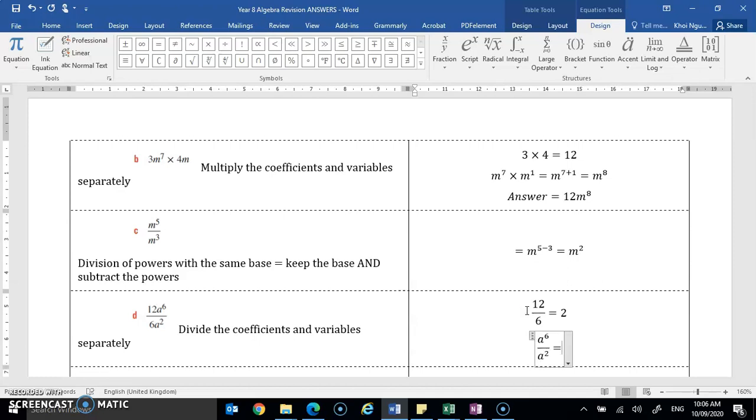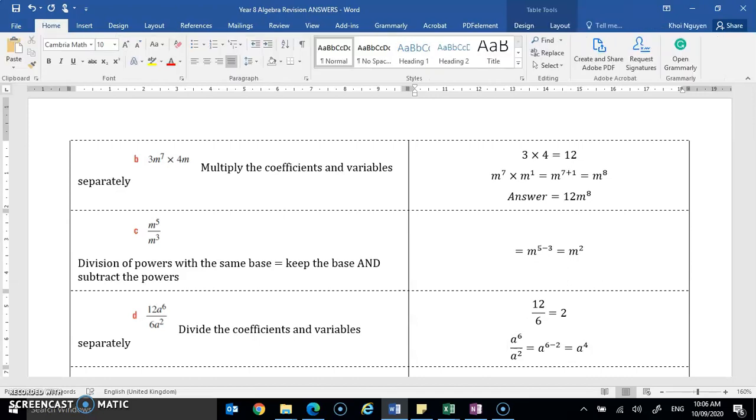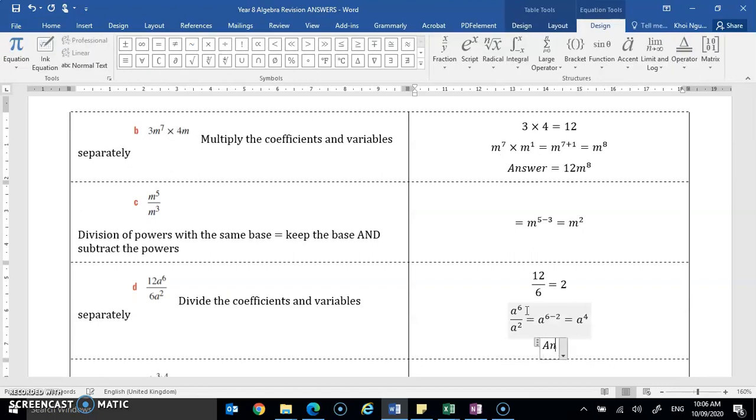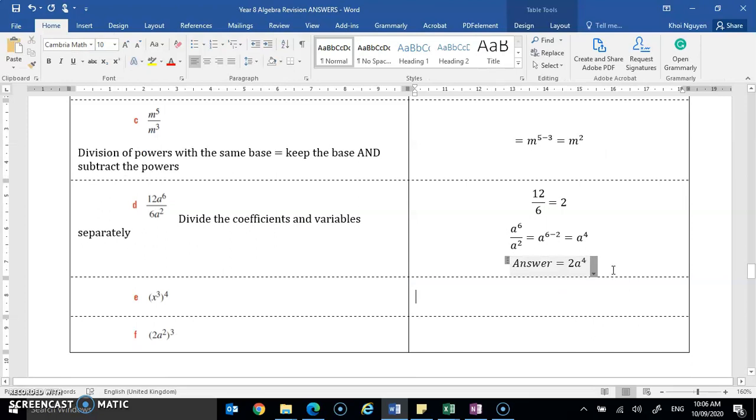Remember, keep the base and subtract the power, top subtract bottom. So 6 minus 2 is 4, so a to the power of 4. Put everything together, our answer is 2a to the power of 4.